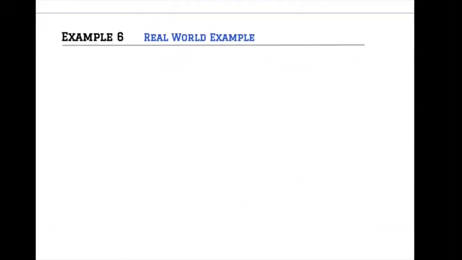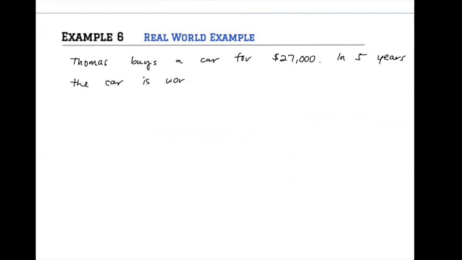Okay, last example. So Thomas buys a car for $27,000. In 5 years, the car is worth $16,000.